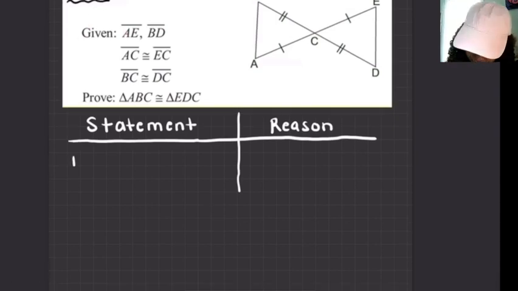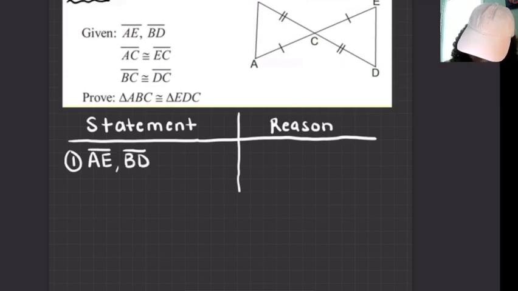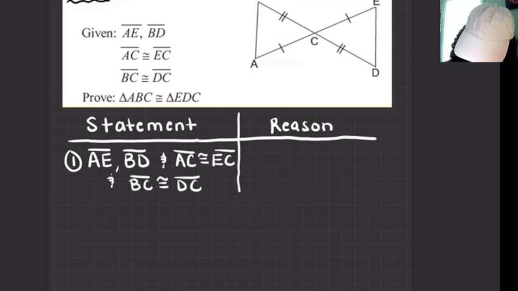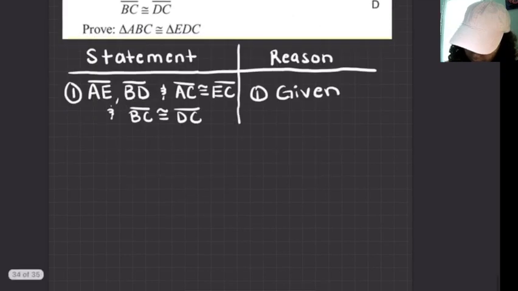So in this case, the very first statement that I have is going to be segment AE, comma, segment BD, and AC is congruent to EC, and BC is congruent to DC. The reason why is going to be because it was given to you. This was already information that was given or provided, okay?